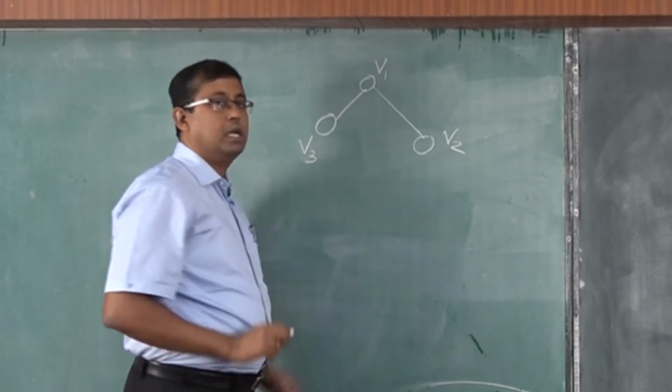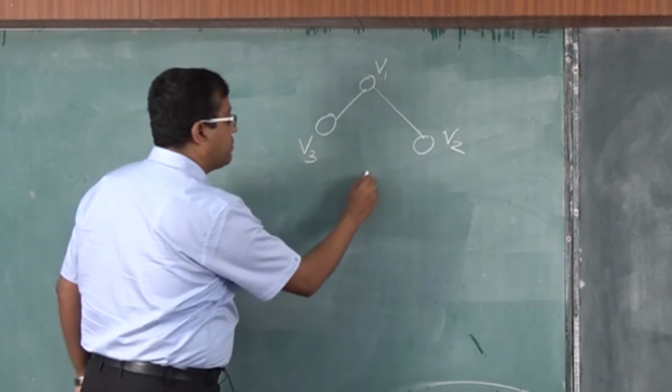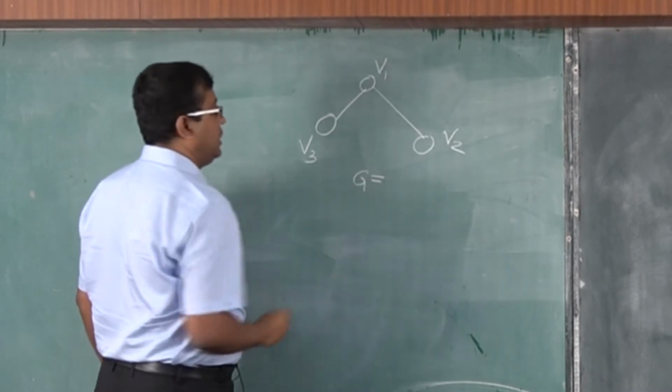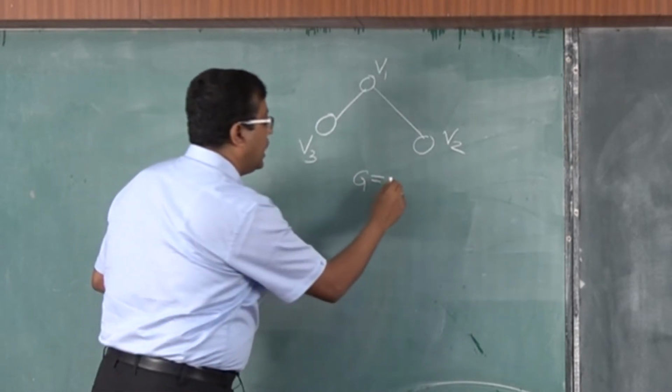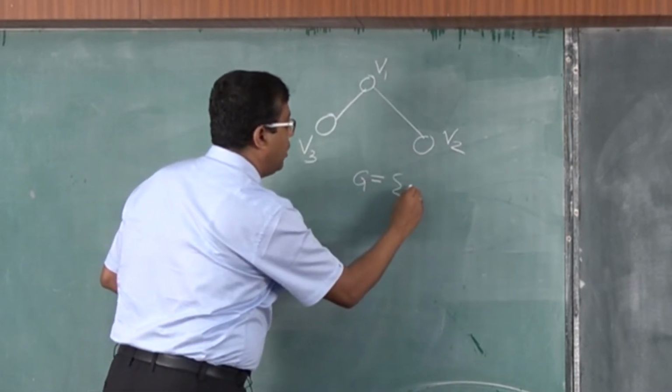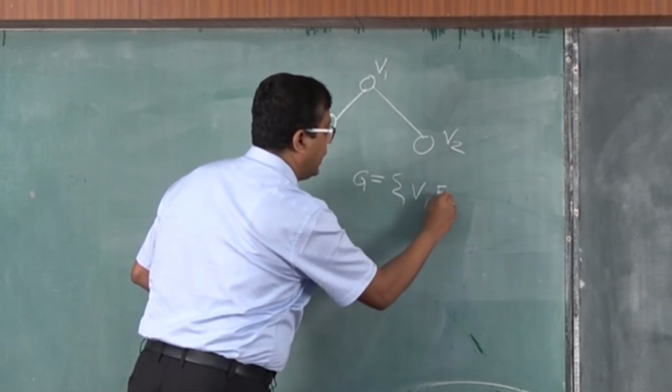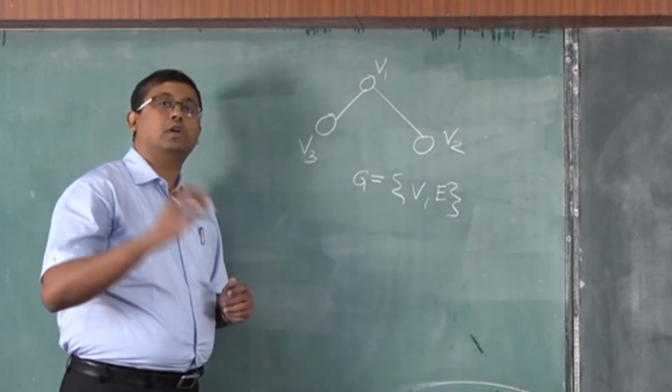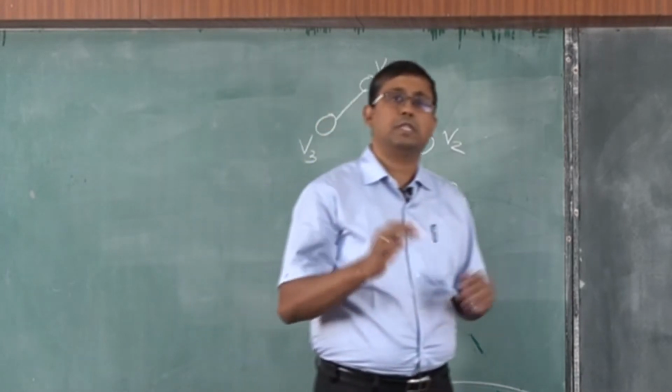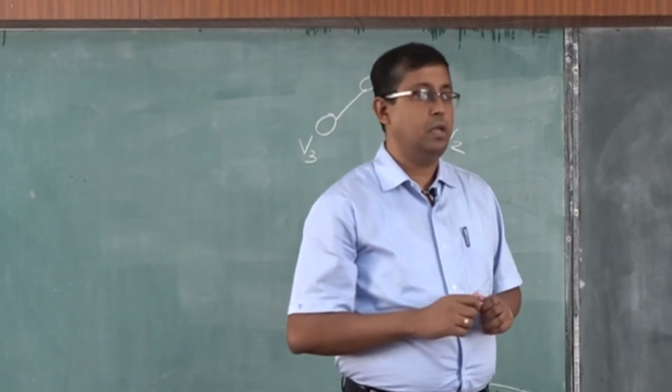So this is a graph. We represent it as G equals a combination of vertices and edges. Sometimes we also assign weights to the edges, but sometimes we do not.